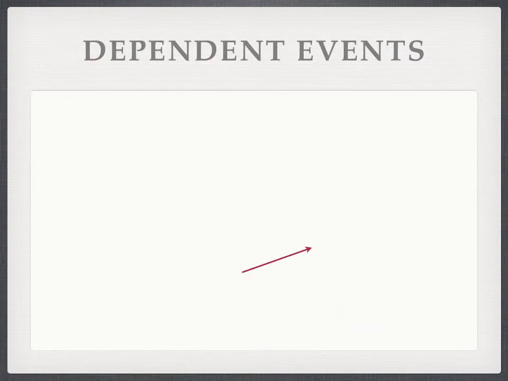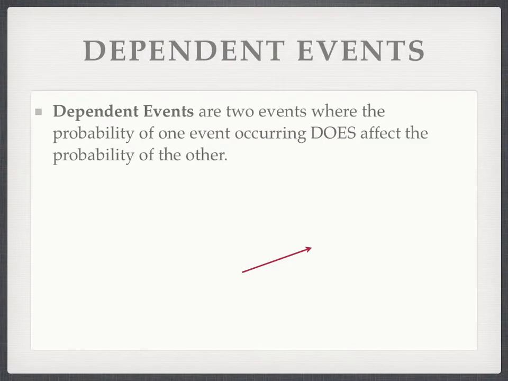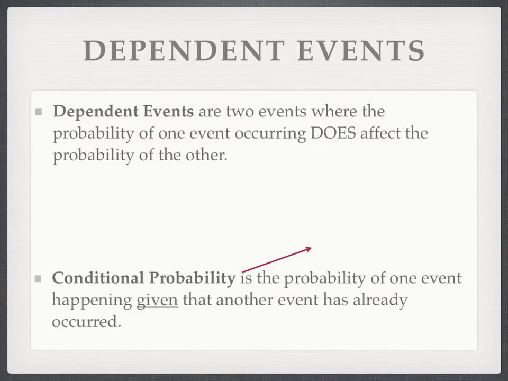So, as I'm sure you would expect, dependent events are two events where the probability of one does affect the other. And feel free to abbreviate that or paraphrase it in any way that makes sense to you. One more thing that comes up with dependent events is conditional probability. And conditional probability means, what are the chances of this one thing happening if we already know this other thing has happened?